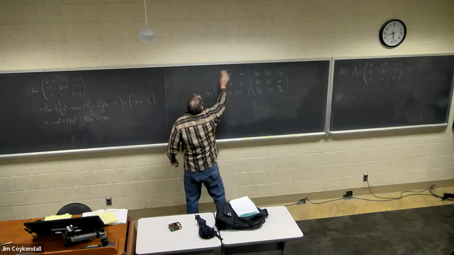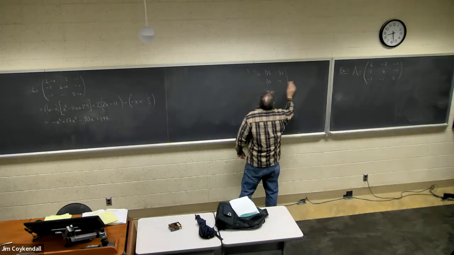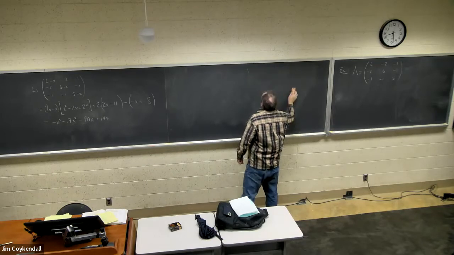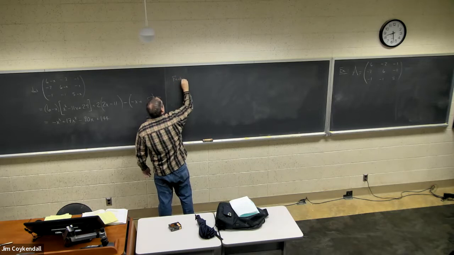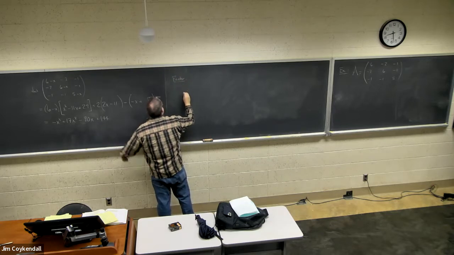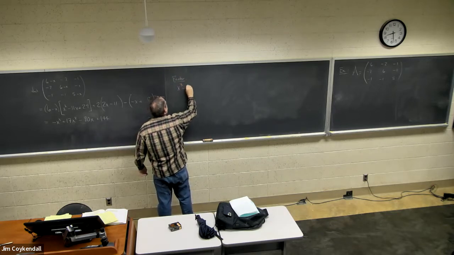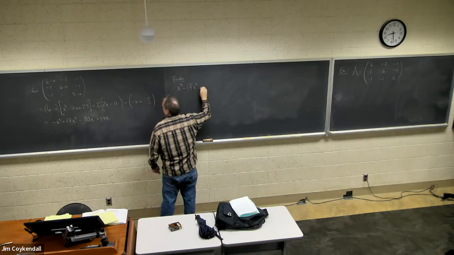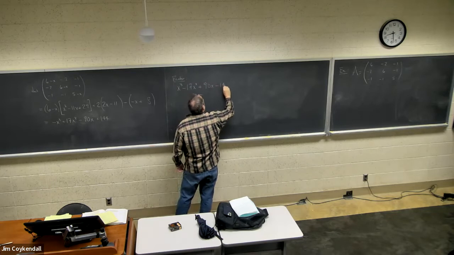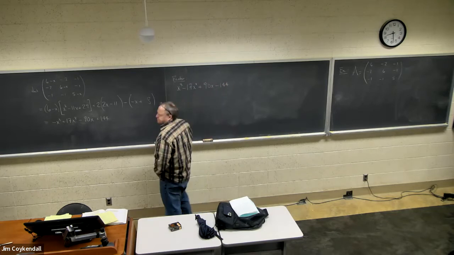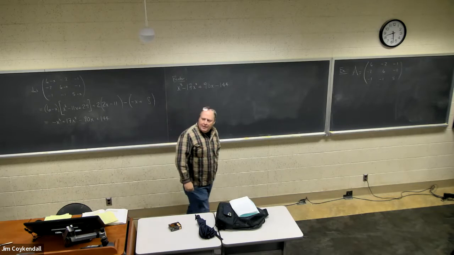So what we have to do is factor, and just to make it easier, I'm going to change the sign of this again: x cubed minus 17x squared plus 90x minus 154. You guys see a root of that?